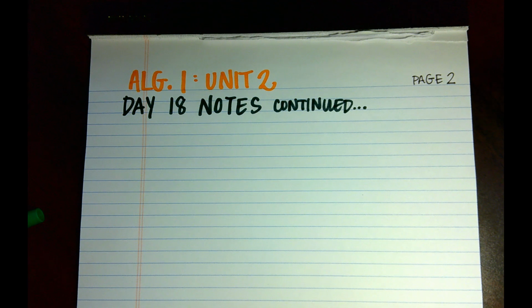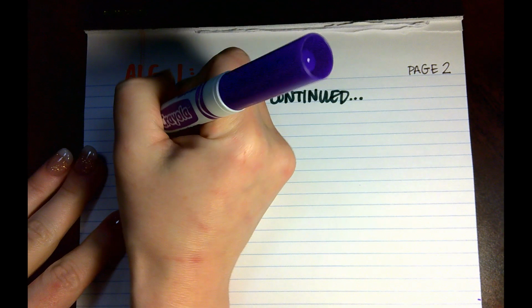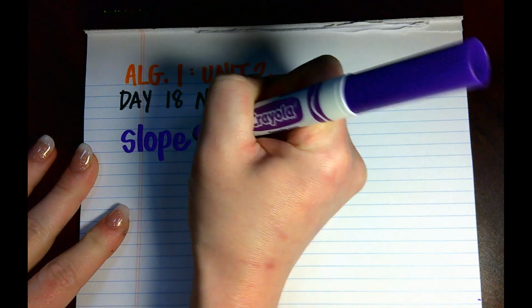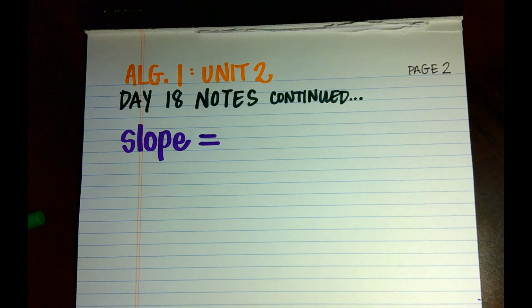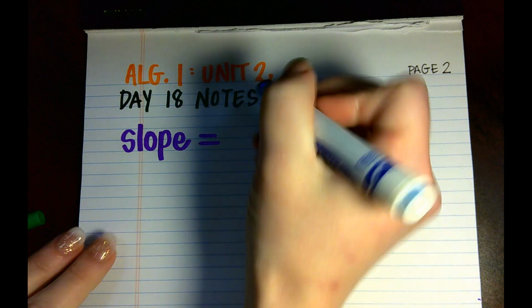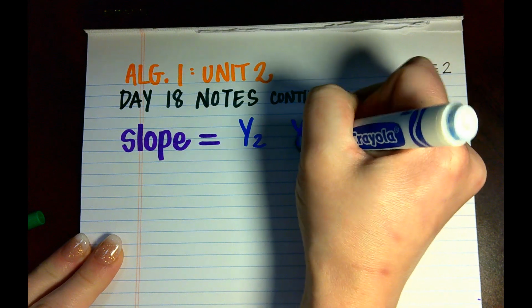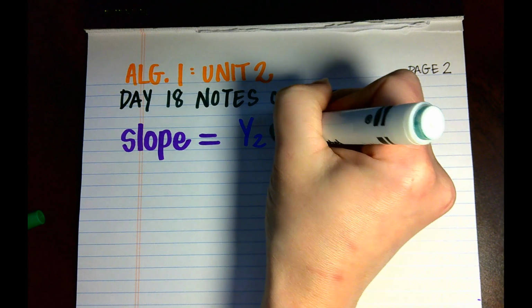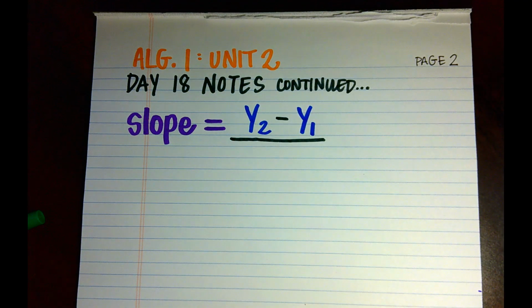So I'm going to copy down the slope formula for us again, just so we have it on the top of our page. We've got slope equals y2 minus y1 over x2 minus x1.